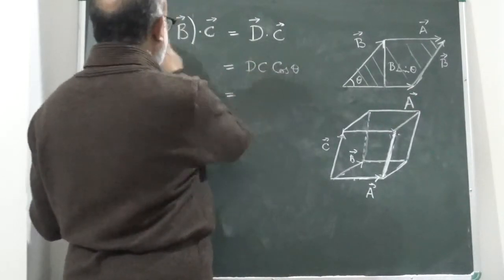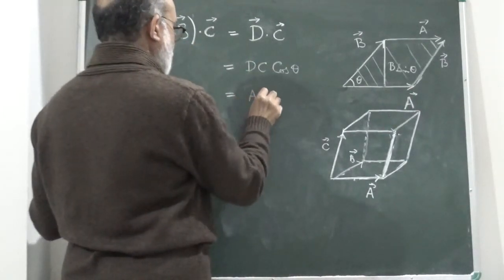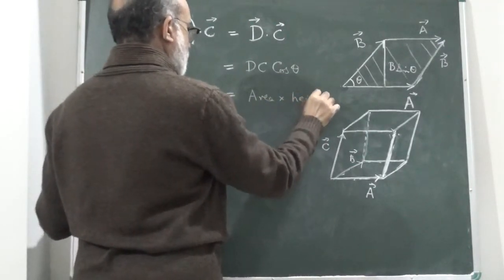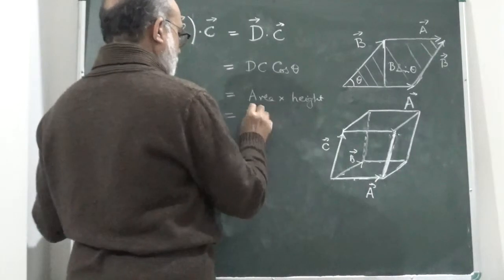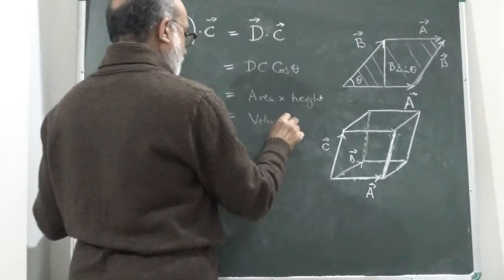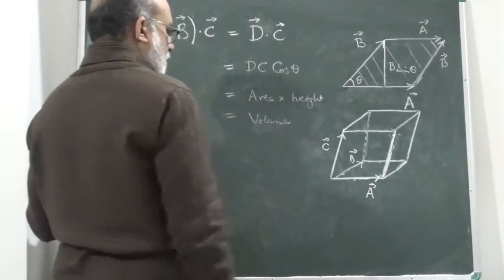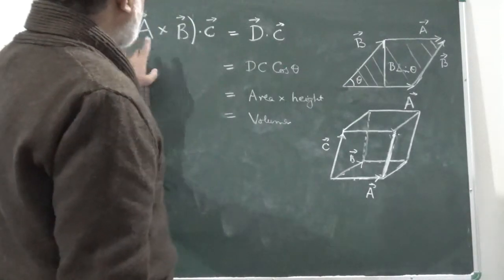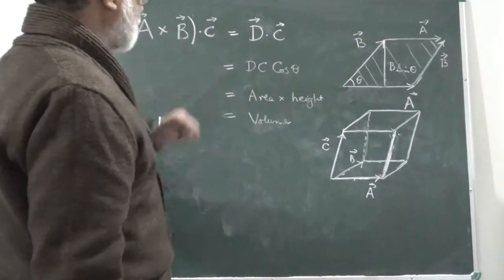This is the area formed by A cross B, and this is the height. And of course this is the volume.